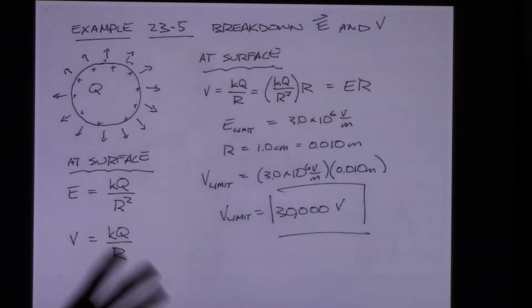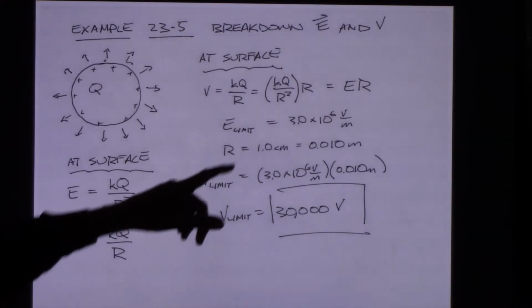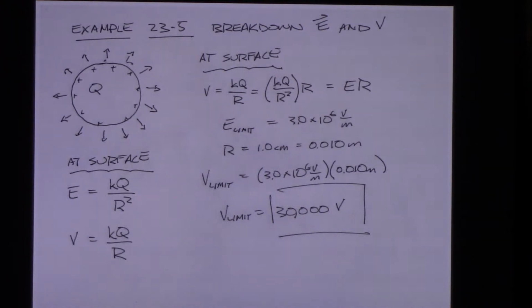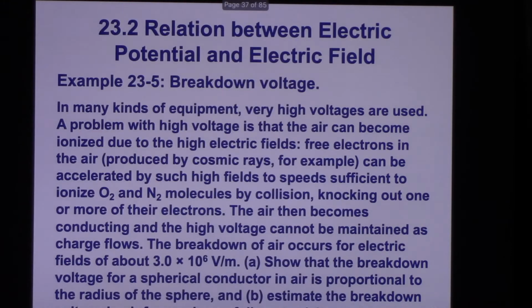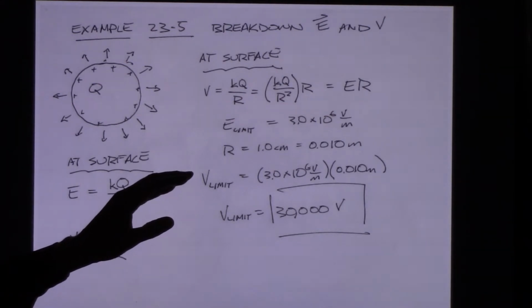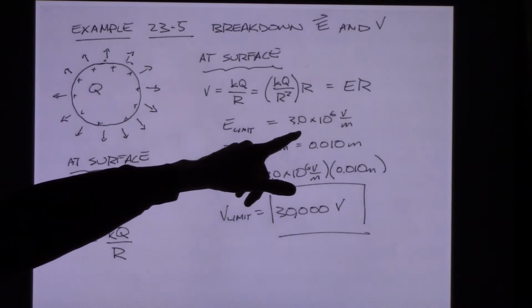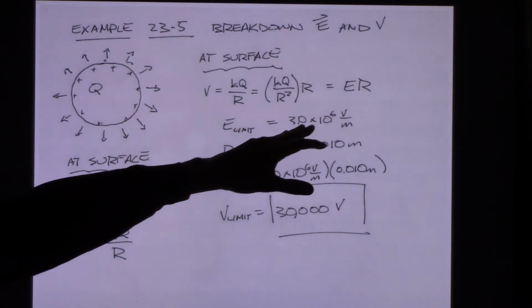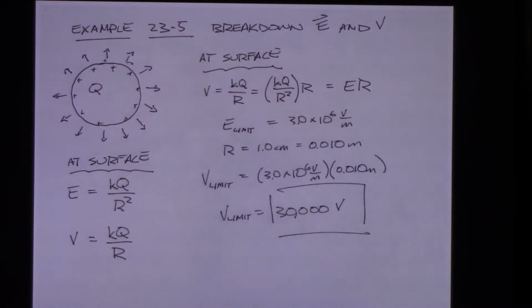For materials that are just placed in air, there's what's considered to be a limit to how large an electric field can be in different materials. Maybe they don't have it here, I thought they had a table of different materials. In any case, what happens is if the electric field within air exceeds 3 million volts per meter, the air begins to conduct.